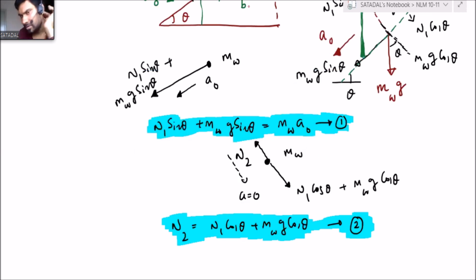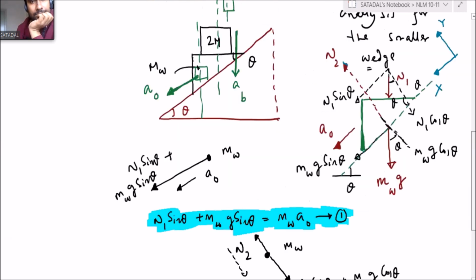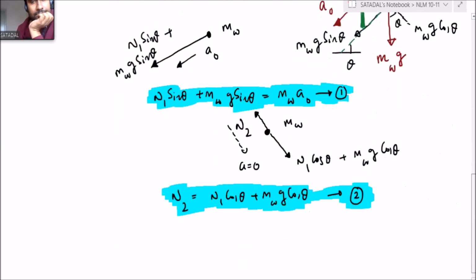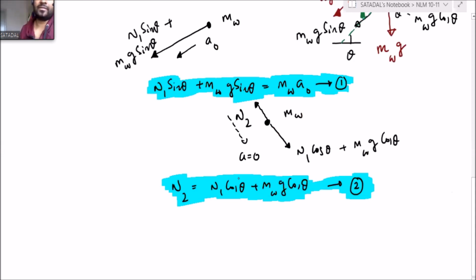Harsha? Chandra, Chepura, Babu. Sir, scroll up a bit, sir, that's it. Until the diagram. No, that's it, sir. Thanks, sir. So this is clear to everyone now? The force equation for the smaller wedge.